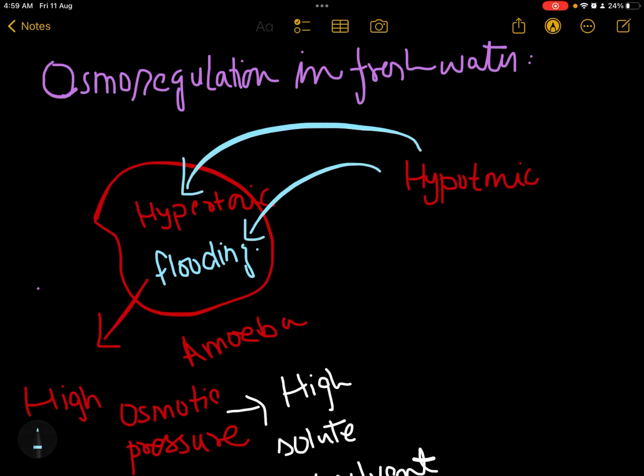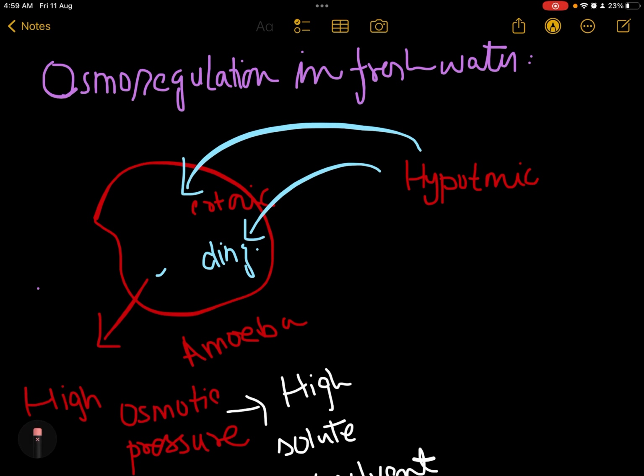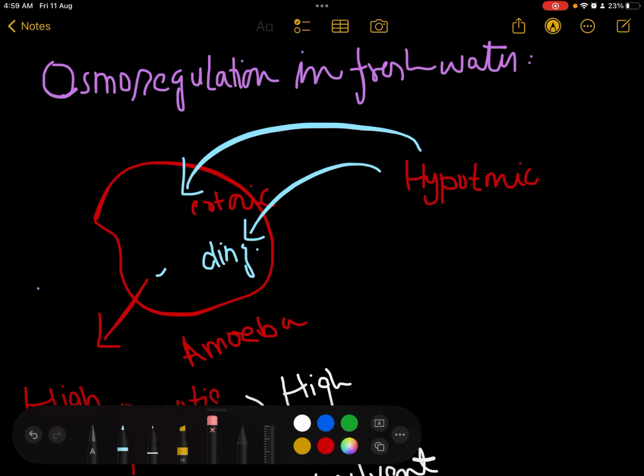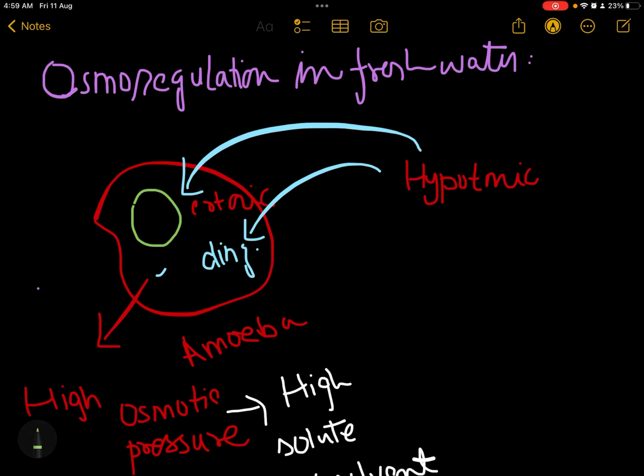In order to manage this, the amoeba has a contractile vacuole, which helps to remove the excess of water.